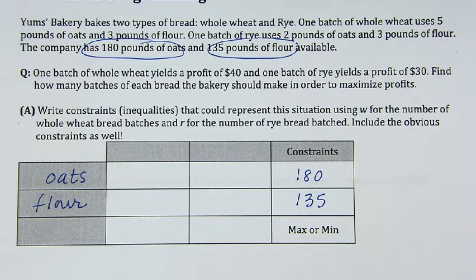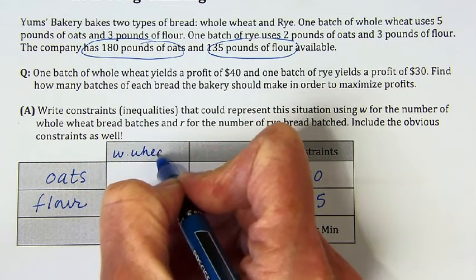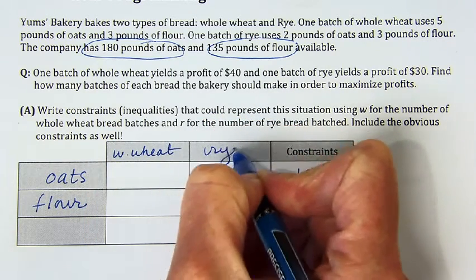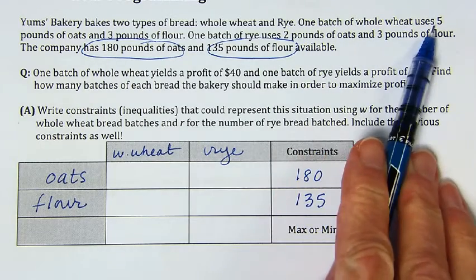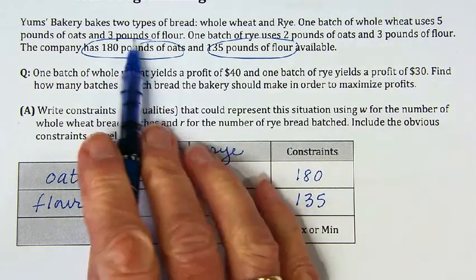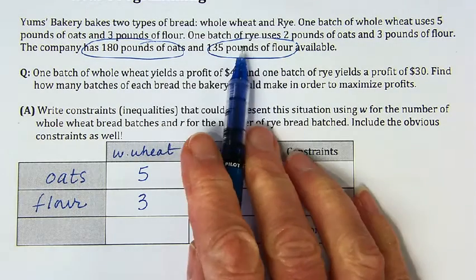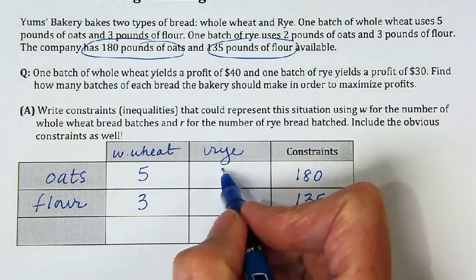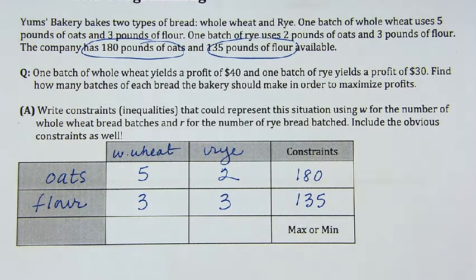I'm assuming I own Yum's Bakery, and I make two types of bread. I make whole wheat and I make rye bread. It said that one batch of whole wheat uses 5 pounds of oats and 3 pounds of flour, where rye uses 2 pounds of oats and 3 pounds of flour.